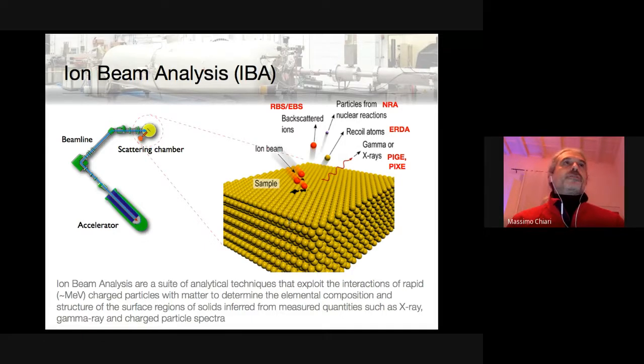In many cases, the surface can be up to several tens or a few hundreds of micrometers via the detection of the particles or electromagnetic radiation emitted by atoms and nuclei in the samples after being hit by energetic MV energy ion beam. In the example that I will show you, we will mostly deal with proton beams of a few MeV energies, typically 3 MeV.